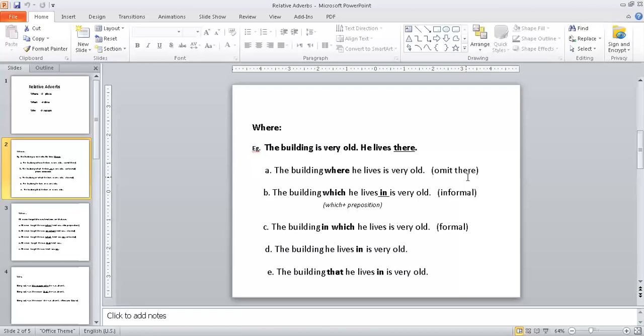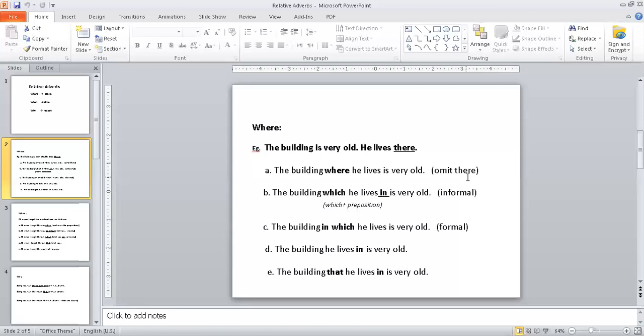The adjective clause is where he lives. So again, if where is used, a preposition is not included in the adjective clause. Now, there in the sentence, as we said, modifies a place. So no need to use there in the sentence because we used where.